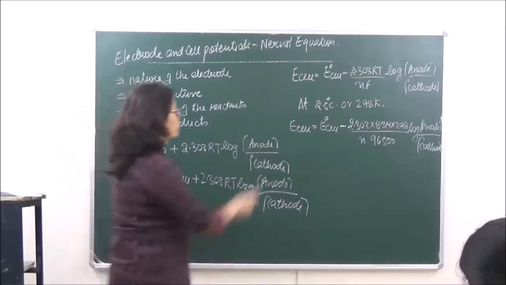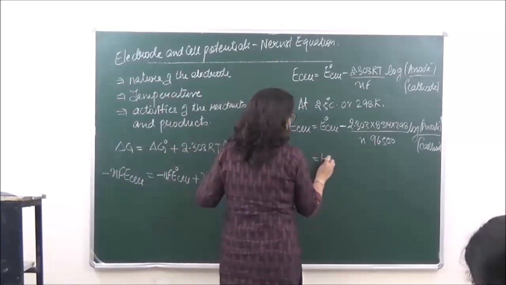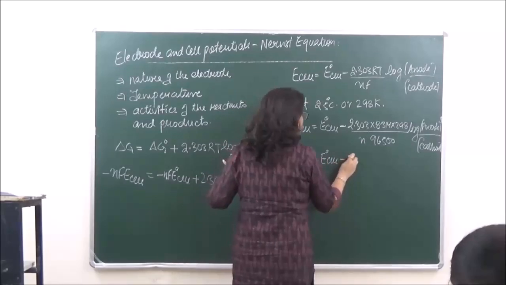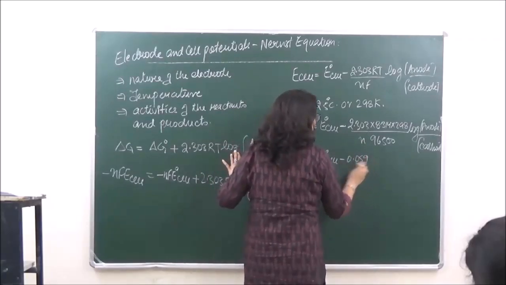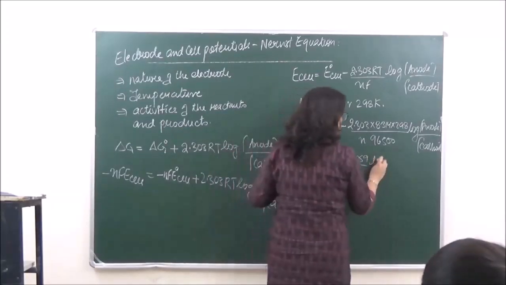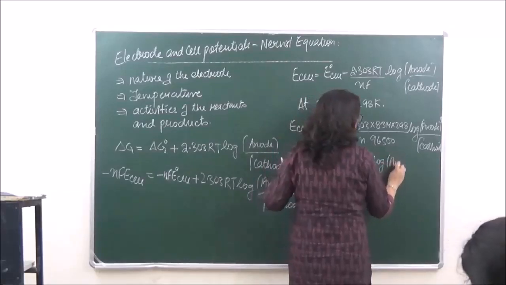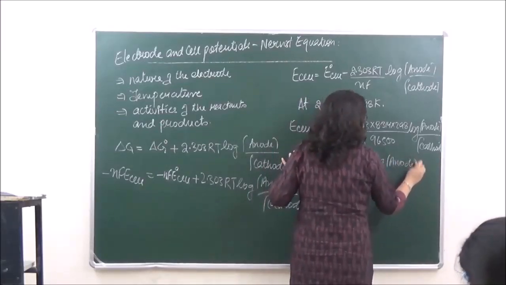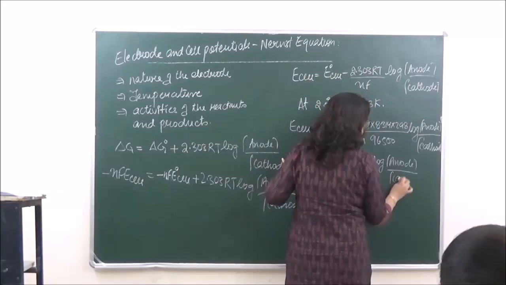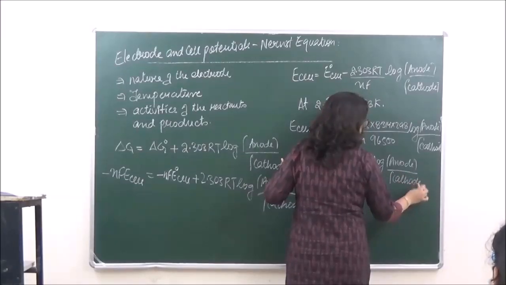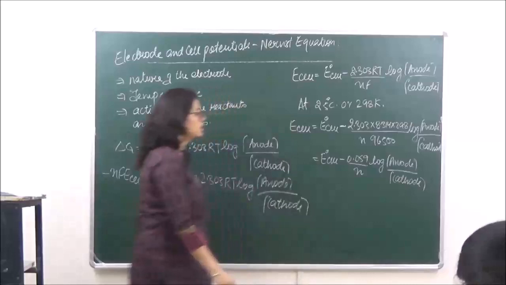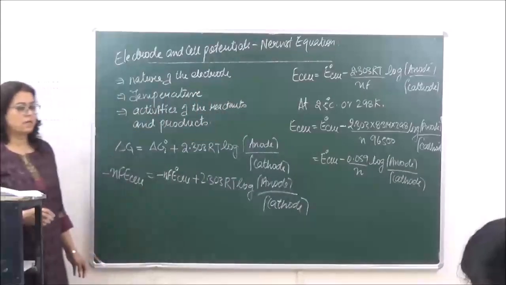Okay? So solving this we have E naught cell minus 0.059 upon n log of concentration of anode upon concentration of cathode. This is what the E cell is.